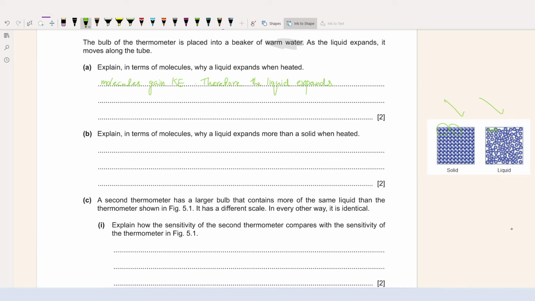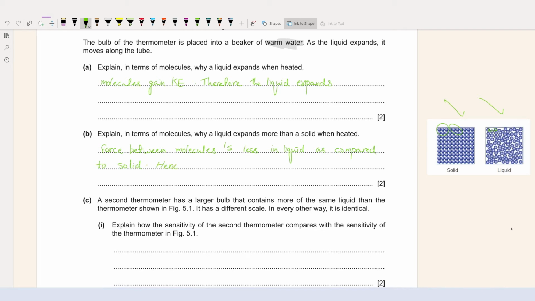So we can write here force between molecules is less in liquid as compared to solid.